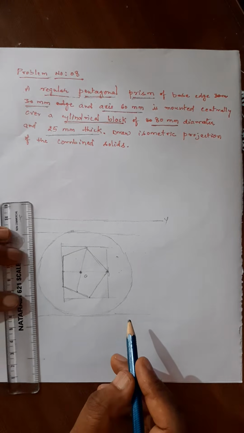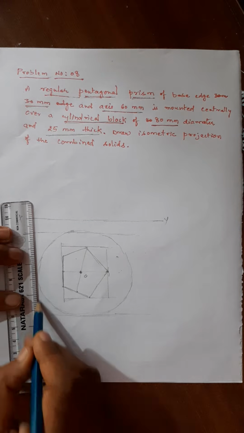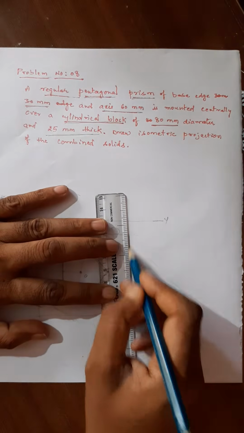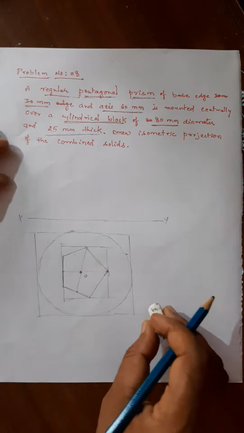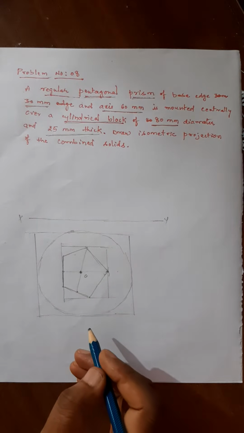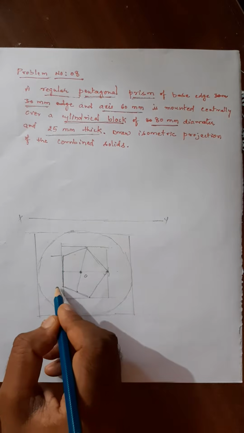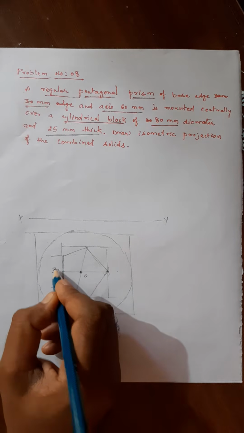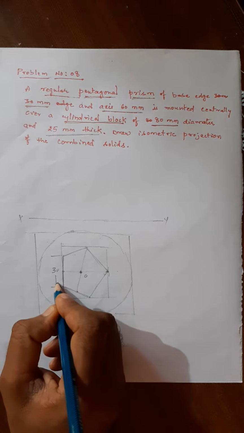Now see here, draw this vertical line like this. Then the side is 30 mm, it is given.